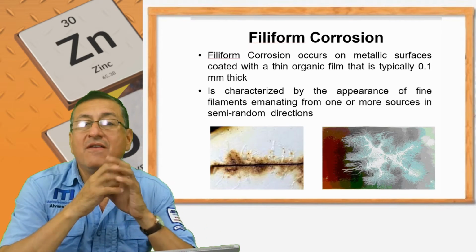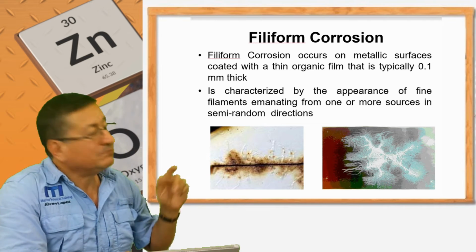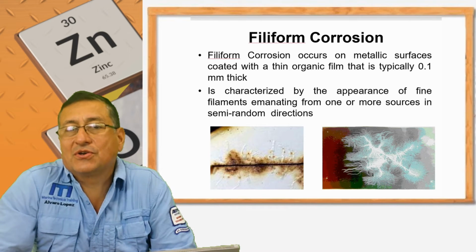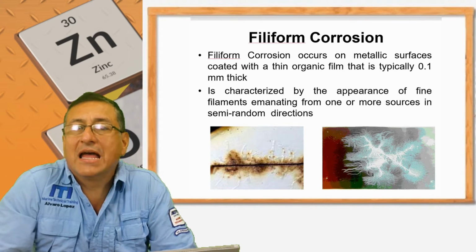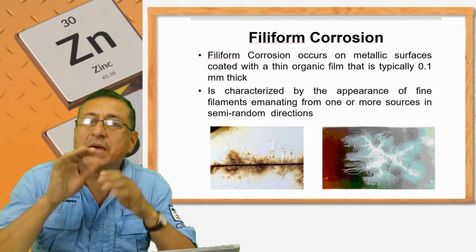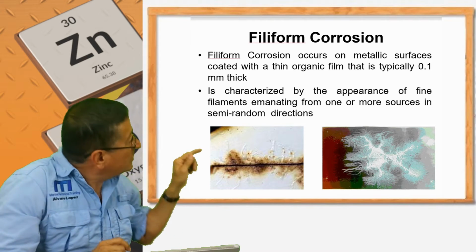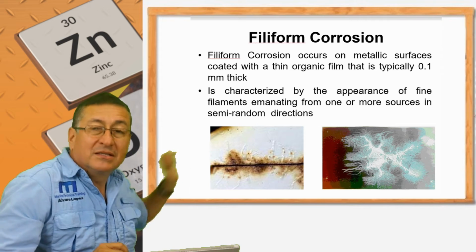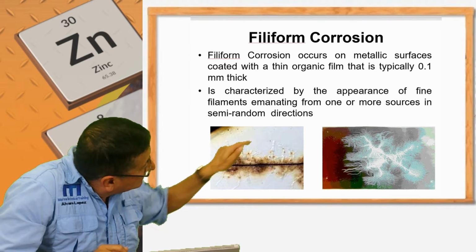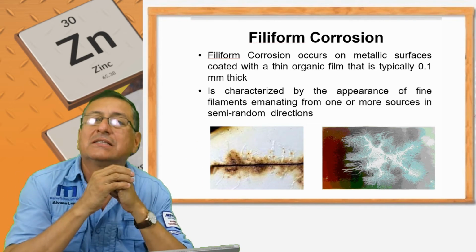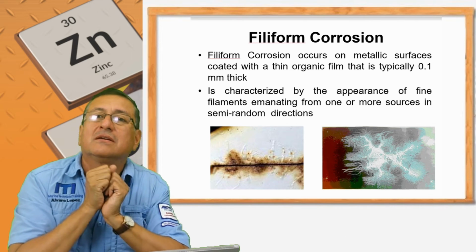Okay, filiform corrosion. This is the corrosion on the surface of the elements in between the paint and the metal. Those small marks are like cracks, but they're not cracks. It's like a spider.